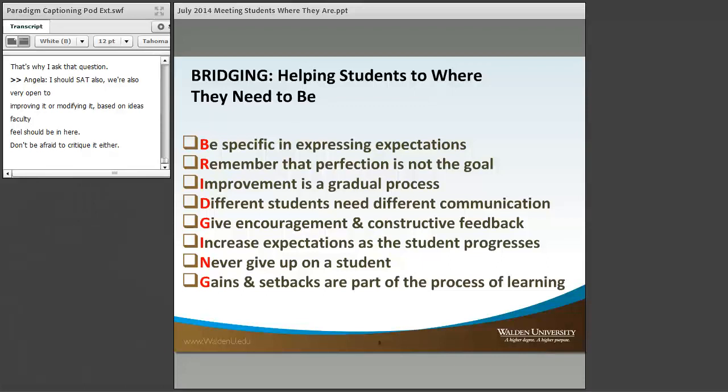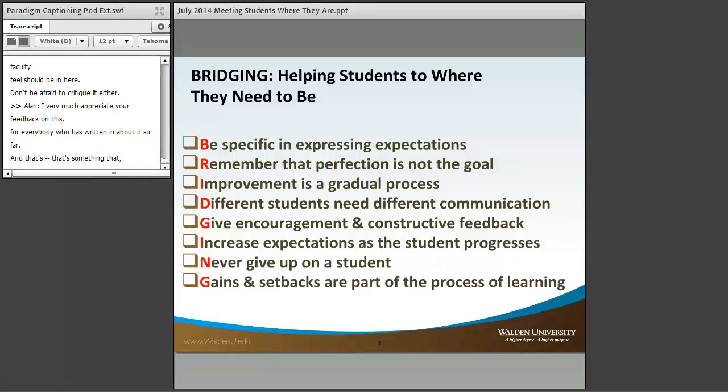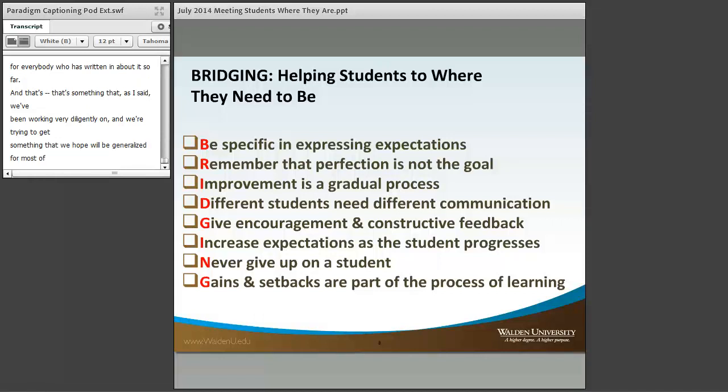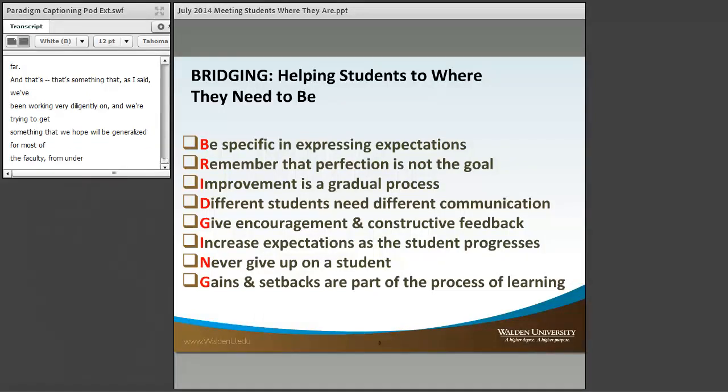I very much appreciate your feedback on this for everybody who has written in about it so far. And that's something that, as I said, we've been working very diligently on, and we're trying to get something that we hope will be generalized for most of the faculty from undergraduate through the graduate program.